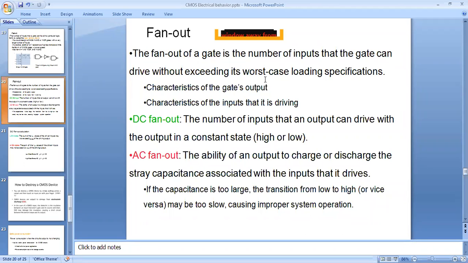How many inputs are there here? 2 inputs. So if a CMOS output is connected to a TTL input, and our TTL circuit has 2 inputs, then what is the fan out of our CMOS?